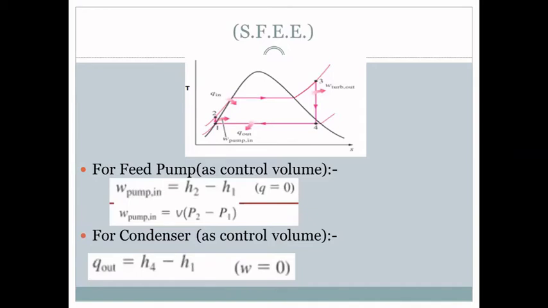For the feed pump as a control volume, work pump in equals H2 minus H1, or work pump in equals V multiplied by (P2 minus P1), and Q equals 0. For the condenser as a control volume, Q out equals H2 minus H1, and work equals 0.